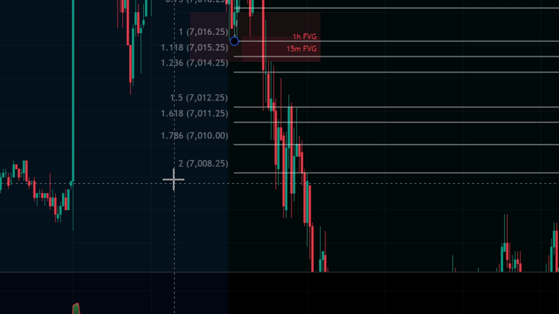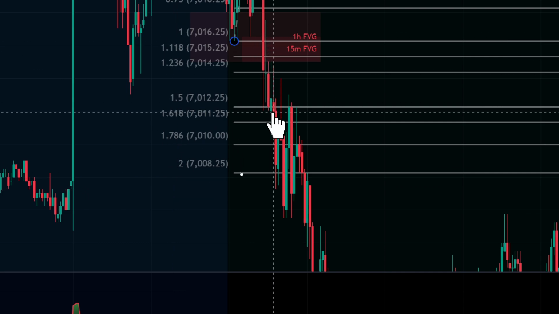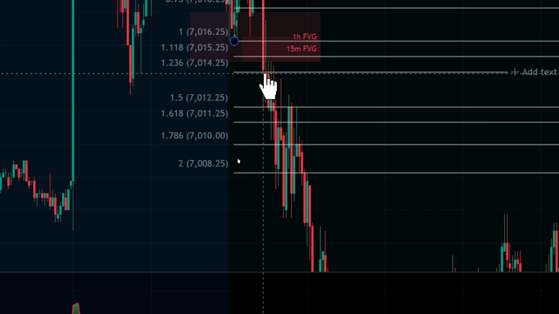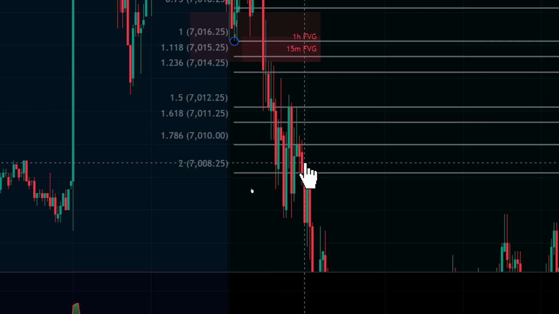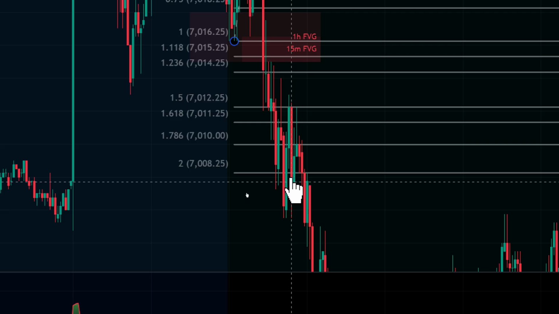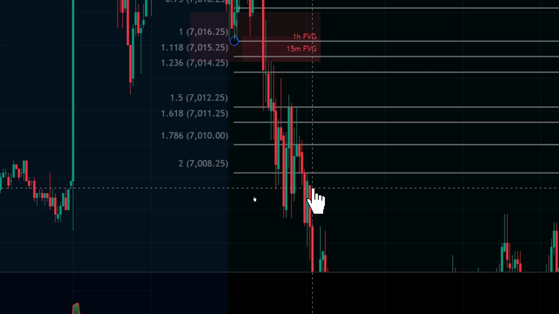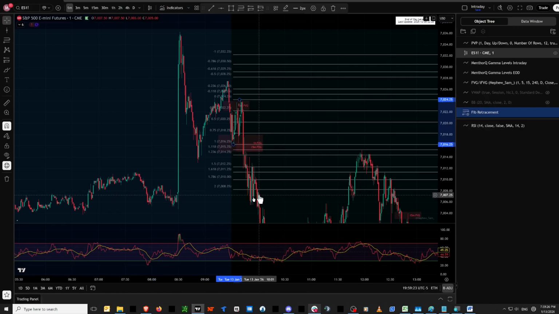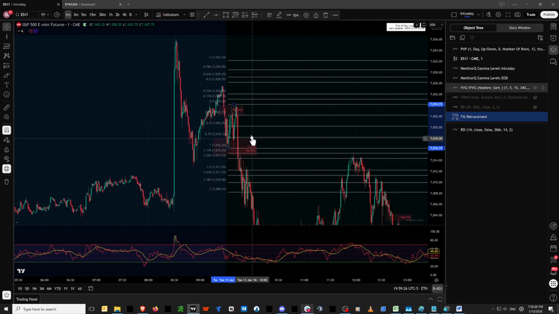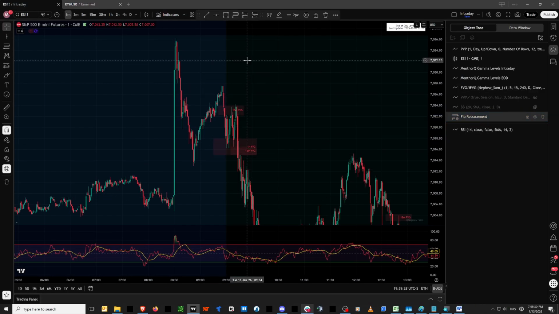That first candle that slammed through this went to the 1.5. Pulled back a little bit. Yeah, nothing really exciting here. Obviously, it made a full measured move, and then what did it do upon making a full measured move? Chop, chop, chop. Why? Because now we're waiting to see who's going to make the next move. That's what chop is. Nobody's made the next move yet and thrown enough money in it to make it happen. Right?